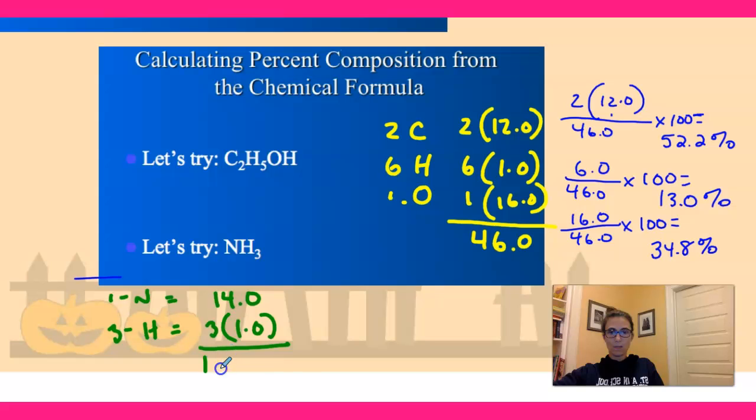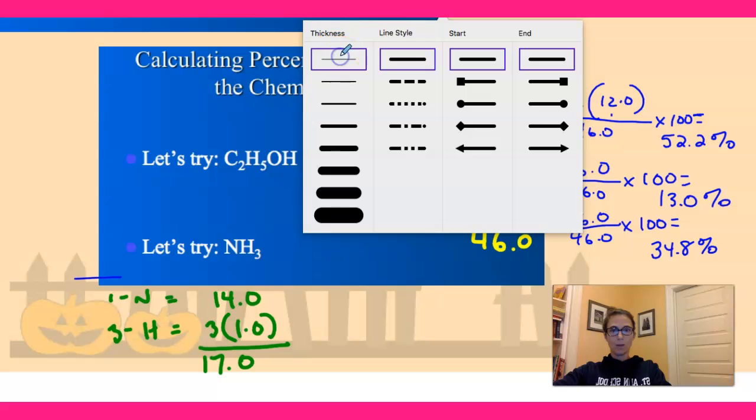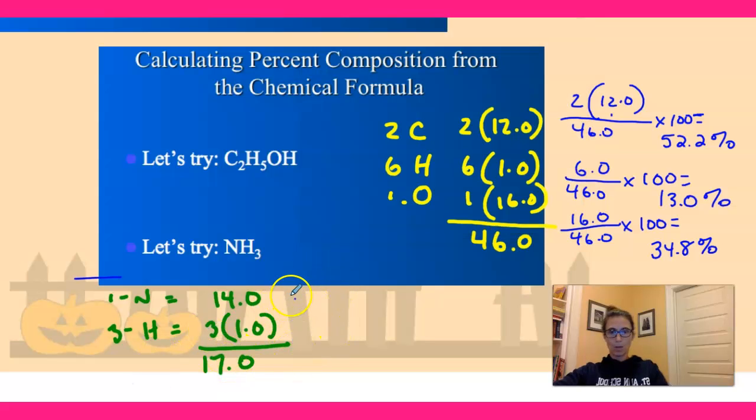That gives me 17.0 grams per mole. Now I want to figure out what percent of that 17 comes from my nitrogen. So I'm going to do 14.0 divided by 17.0 times 100.